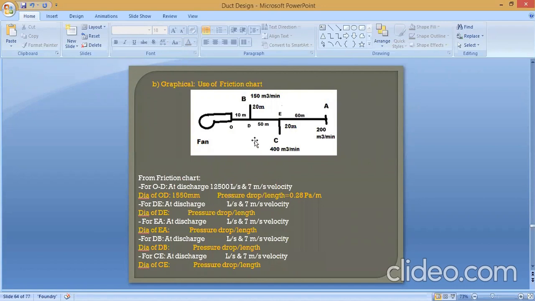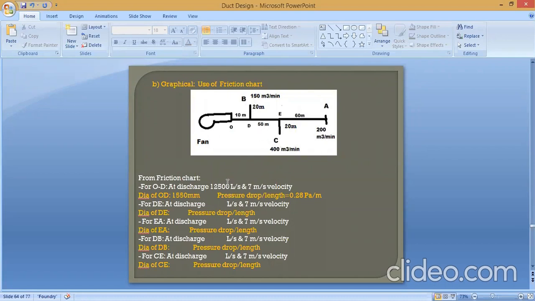So next is DE. Where is D? This is D to E. How much air the D to E duct is going to handle is total 750 minus 150, or you can say 400 plus 200, so 600 meter cube per minute.